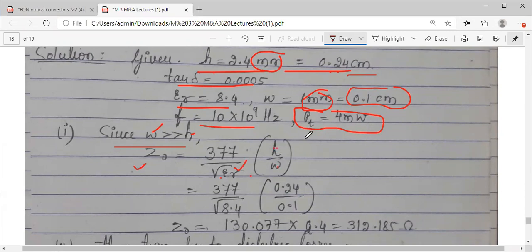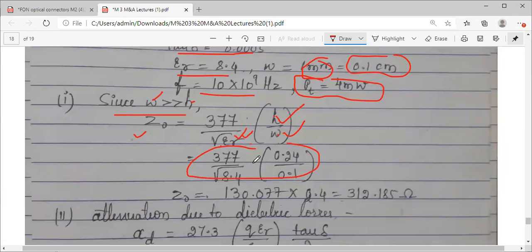All the data is given to you: h, w and epsilon r. Substitute all the values and see what answer you get. You can verify. I have got the Z naught value as 312.185. Please verify these answers after the session, and if you find any mistake, please let me know. You can correct me if I'm wrong anywhere.